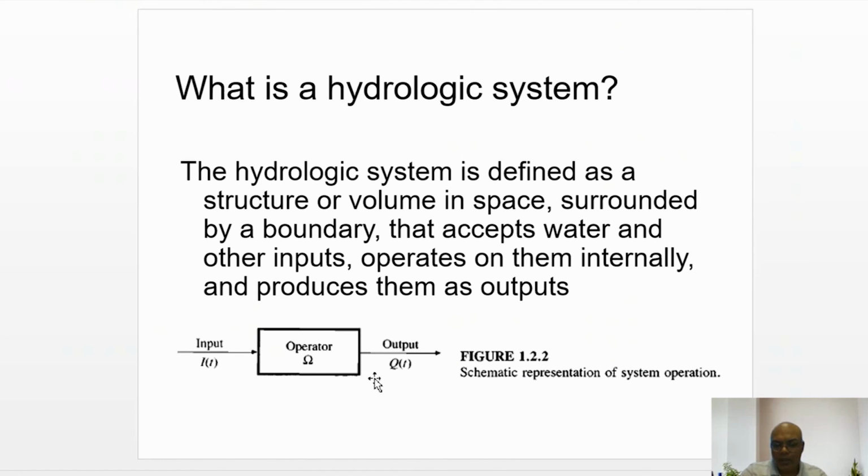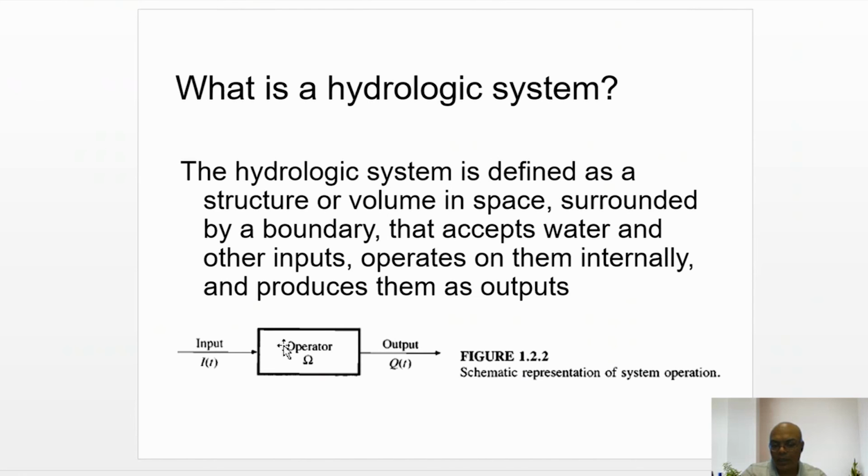And in mathematical terms, a system is like a black box which takes inputs and gives output. In between there is a transformation. Suppose we consider this box as the hydrological system, the hydrological cycle.